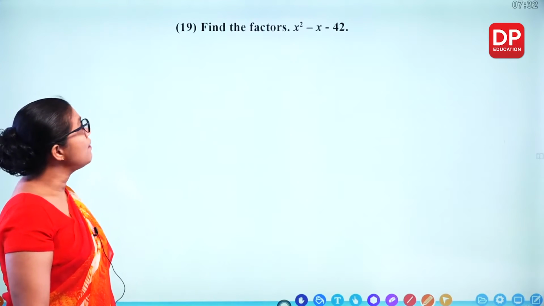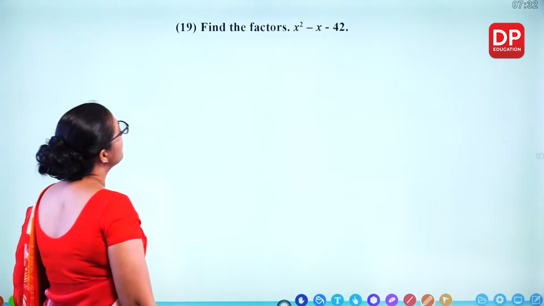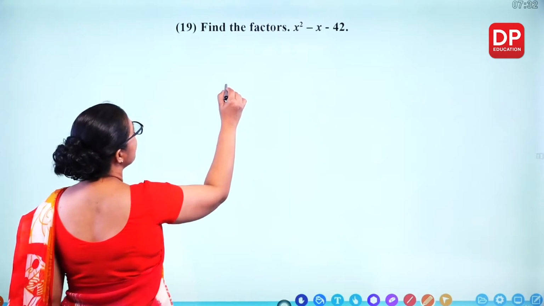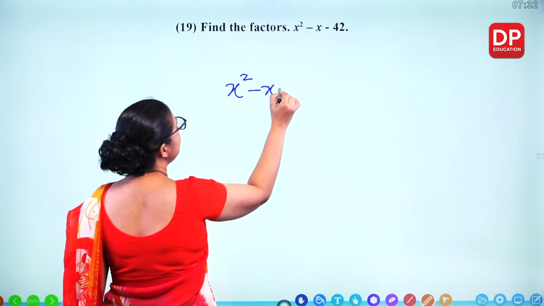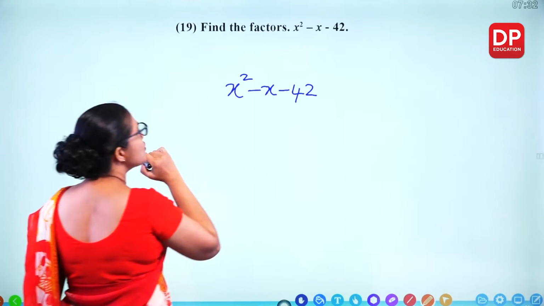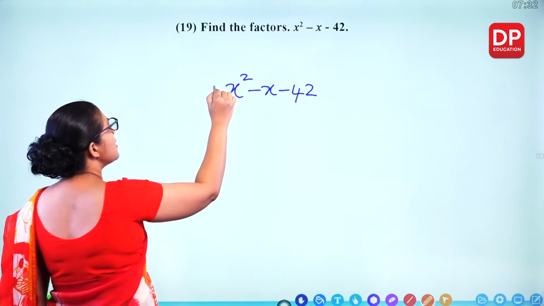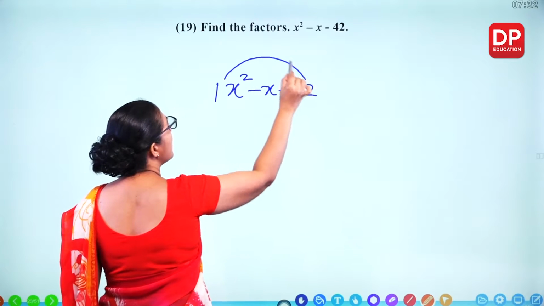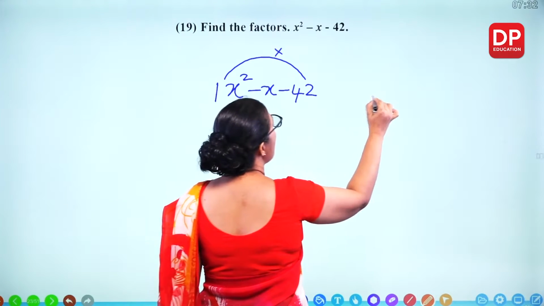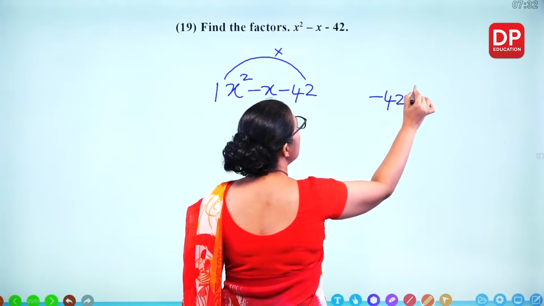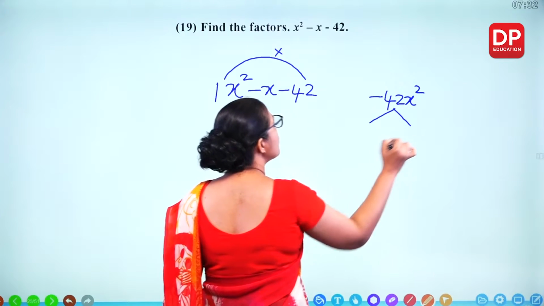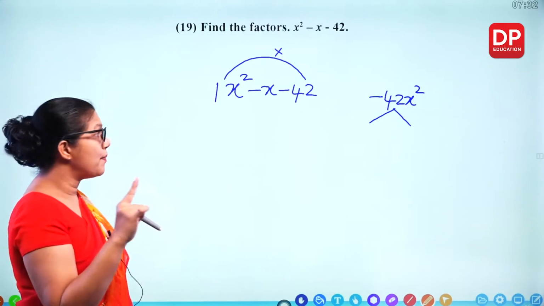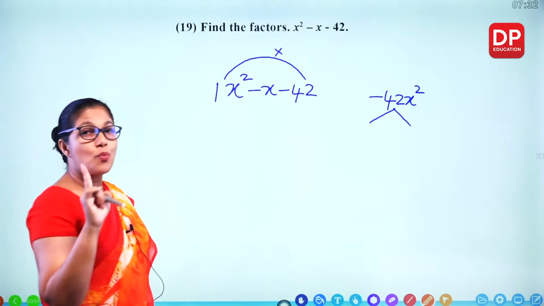Question number 19. Factorize. How do you do it? You can use the cross method or just multiply. If there's a number, you multiply, so you get minus 42x squared. Minus means you have to take the difference between the two numbers to get this minus 1.